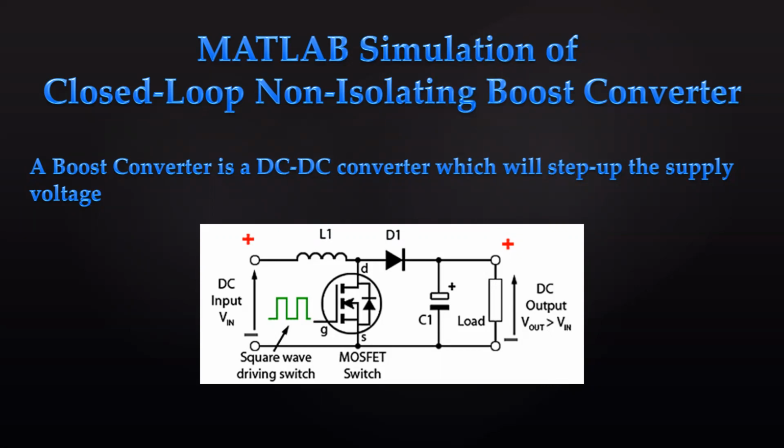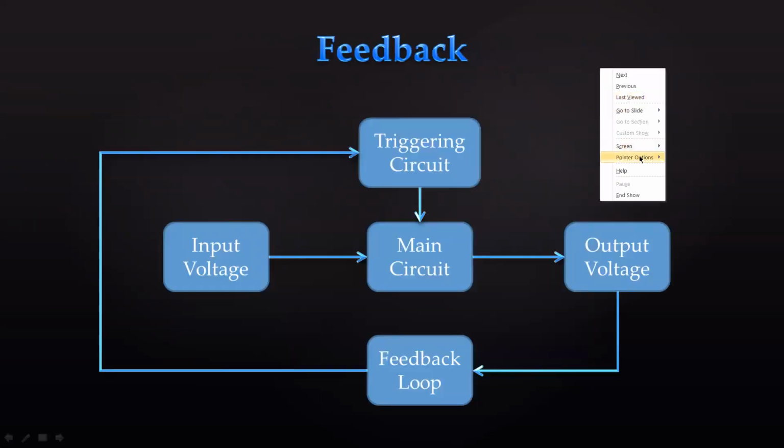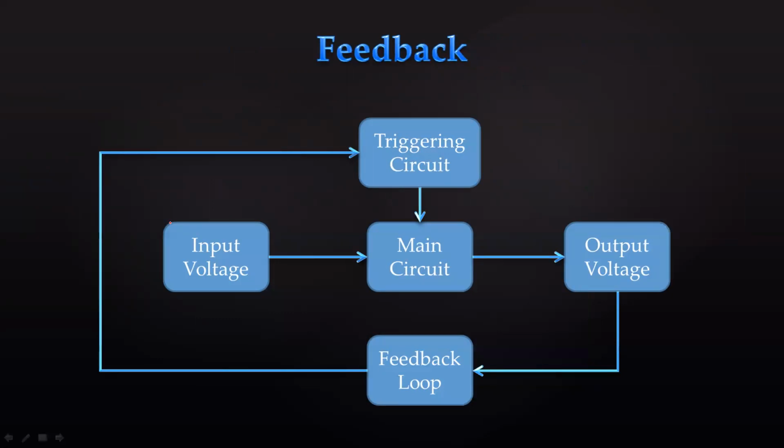So let's see the basics of our feedback loop. Here we have our main input voltage, we have our main circuit with the inductor, capacitor and switch, and here we are getting some output voltage.